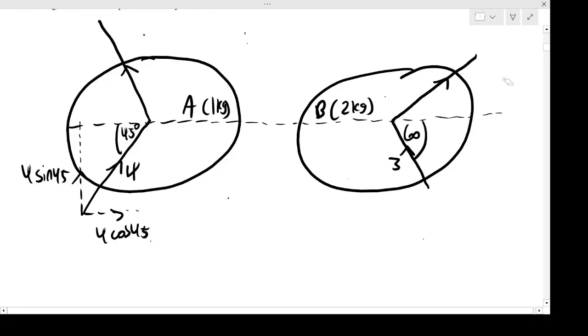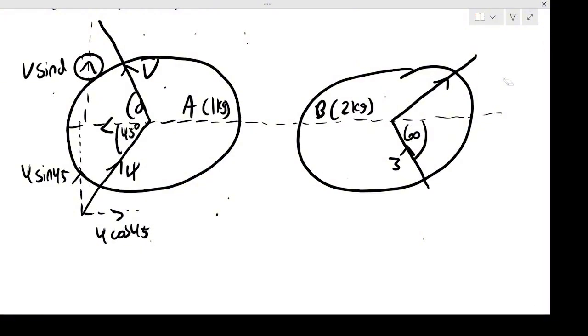So we would have to go along here, then up here, to match this speed there. Usually we'd give this a speed v, then an angle alpha. Then this part horizontally would be v cos alpha, and here v sine alpha, right?